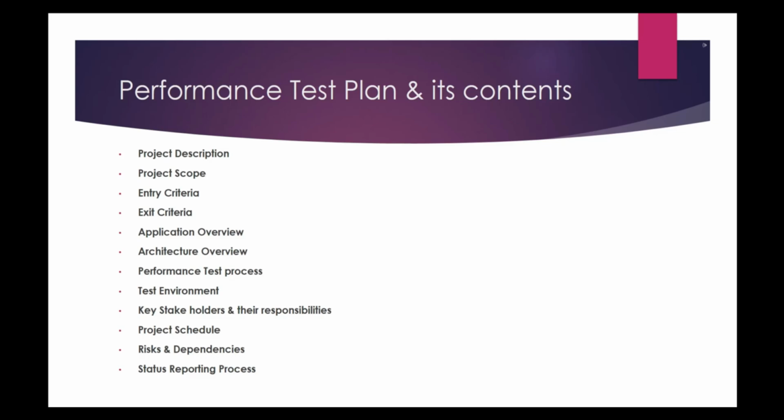Risks and dependencies. This is an important concept in the performance test plan. In this section, we would be updating the risks that we have for completing our testing and the dependencies that we have. Say, for example, the test data needs to be prepared and be in place for performance testing.